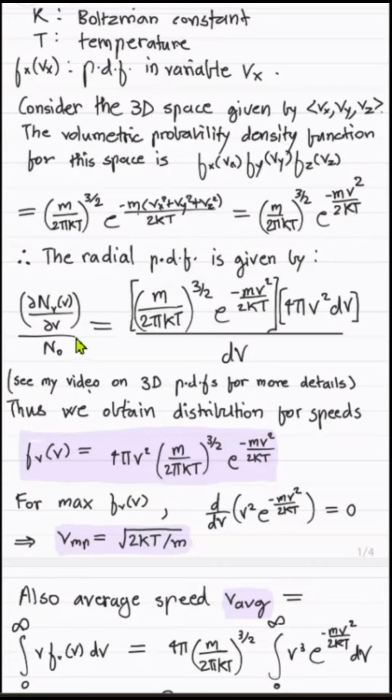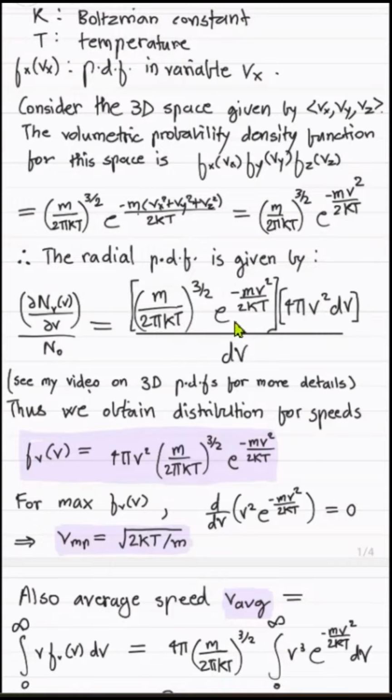So this thing is actually given by 4 pi v squared. In this space of vx, vy, vz, the quote unquote radius is just small v, right? So just 4 pi v squared times the volumetric distribution function. That's the actual radial distribution function. This should be obvious, because 4 pi v squared dv is just the volume of a thin spherical shell.